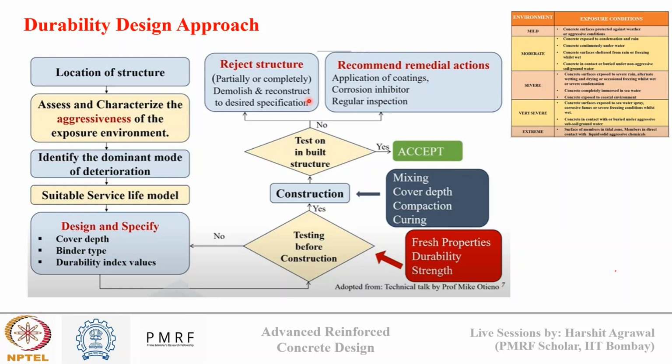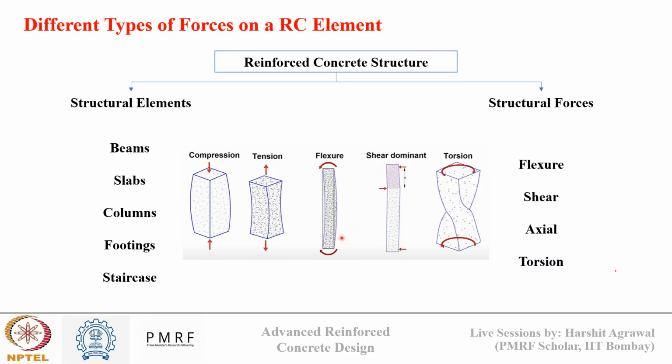We talked about different codal provisions, IS 456, IRC 112, and IRS 1997, and how they consider durability by setting limits on design parameters like W by C ratio, cement content, cover thickness, crack width, and initial ion contents. Okay, so this was our complete discussion from last week, which was oriented towards durability.